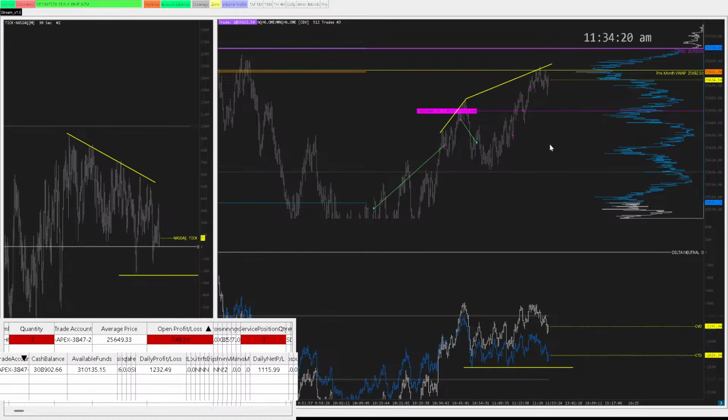You will have some days where there is so much passive limit order buying or selling that the order flow is, it's not that the order flow is wrong, it's just that it may lead you astray. That's why I like to have the tick as a backup, right?